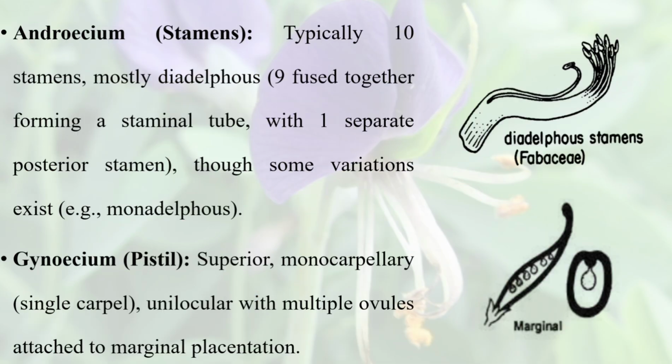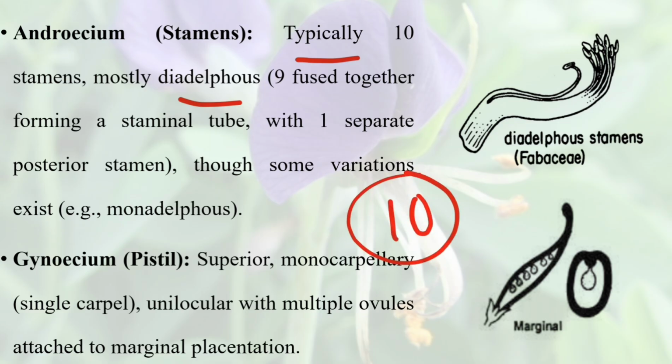Next, androecium or the male sex organ. This shows a very typical arrangement called diadelphous condition. These flowers have a total of 10 stamens, and diadelphous condition means 9 stamens are fused with each other forming a staminal tube with one separate posterior stamen.